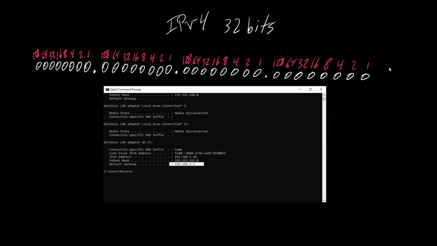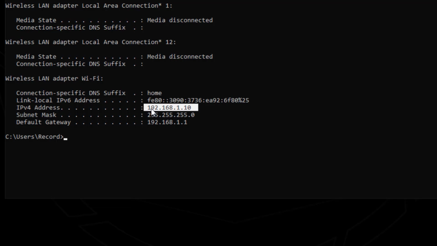When we talk about IPv4, these are the binary representations, and here is the decimal representation of IPv4. Here we can see the first, second, third, and fourth octet.